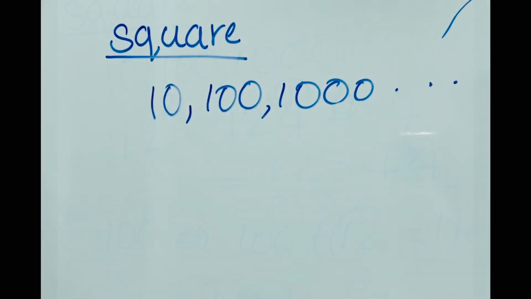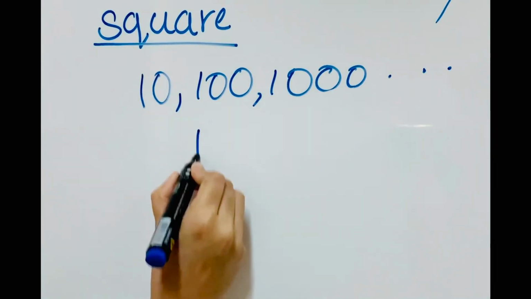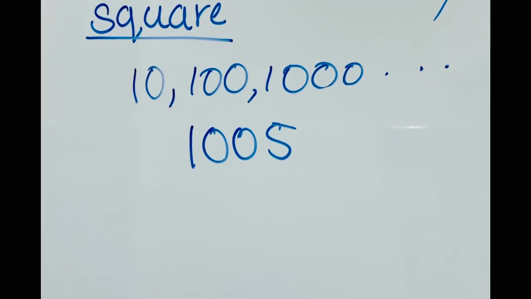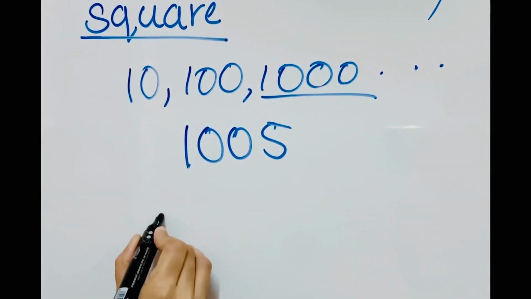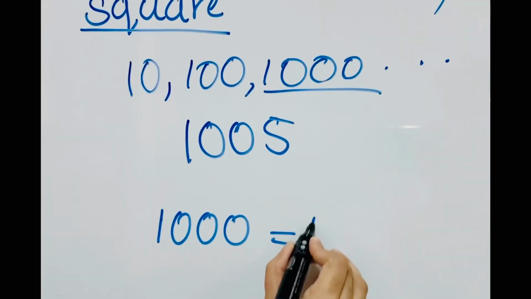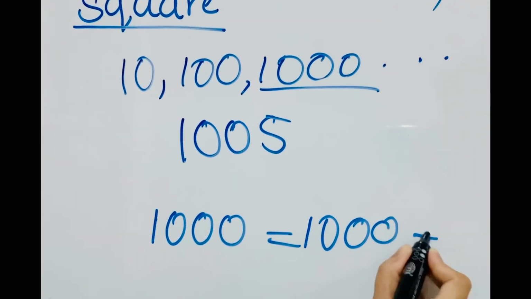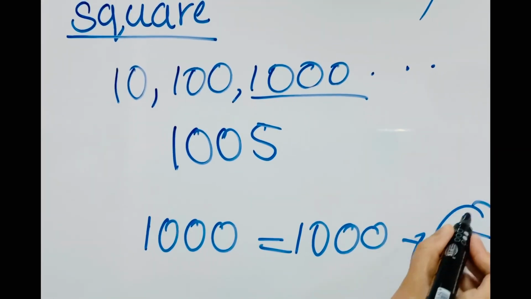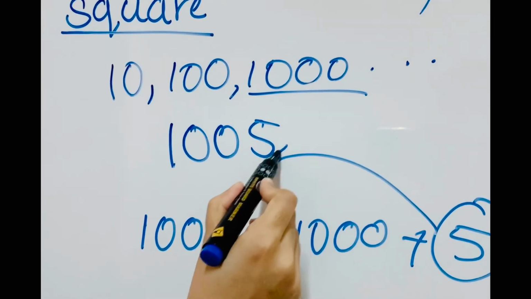Now we can try a higher number, 1005. Here what is our base? Our base is 1000. And the difference between this number and the base is 1000 plus 5 is 1005, so 5 is the difference. Add this difference to this number.